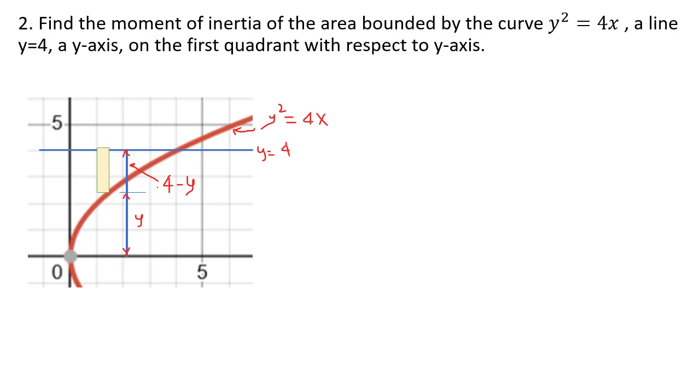So this one is y equals 4. This one, y squared equals 4x, the line y equals 4, the y-axis, and the first quadrant, this one. So, solution.